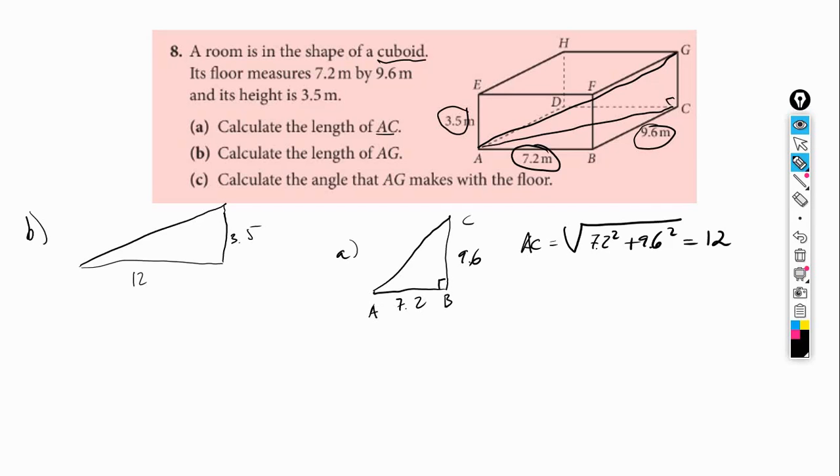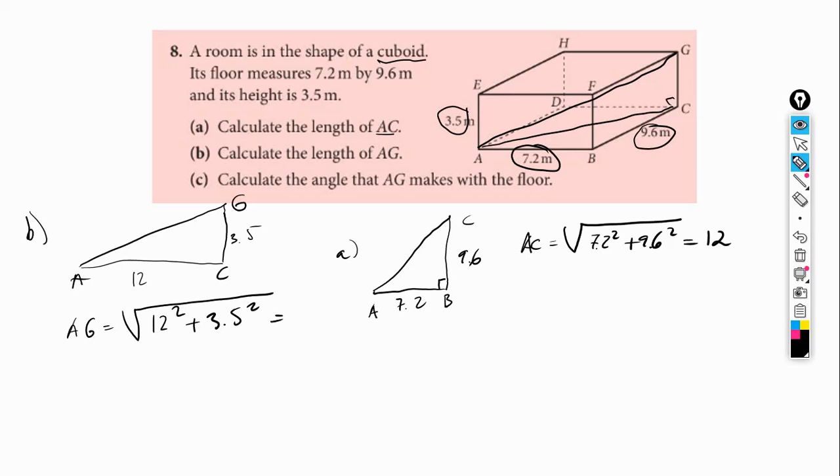Why so? Well, because this is A, this is C, and this is G. And they want us to find AG.